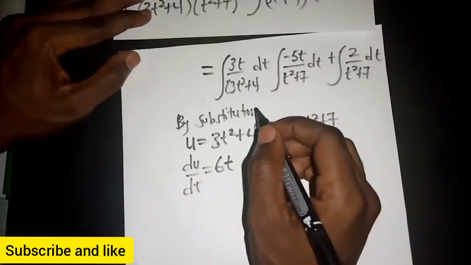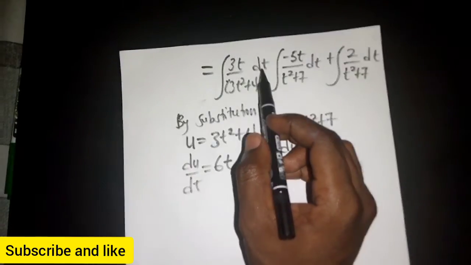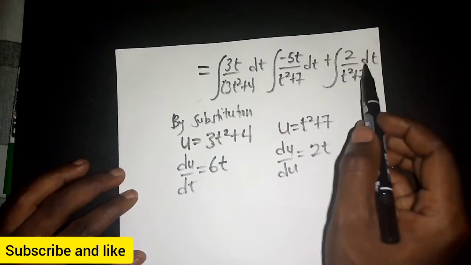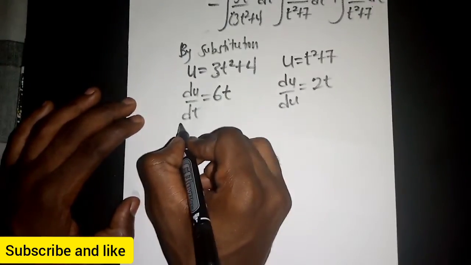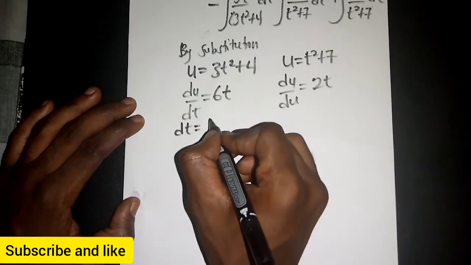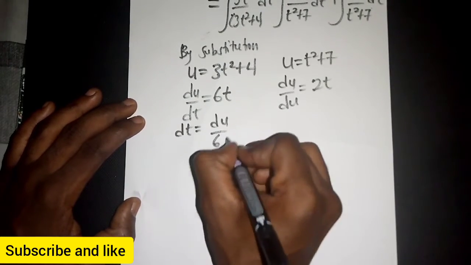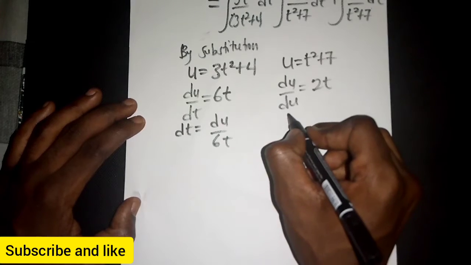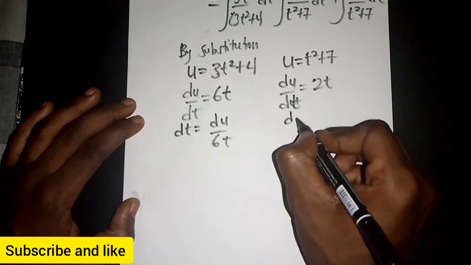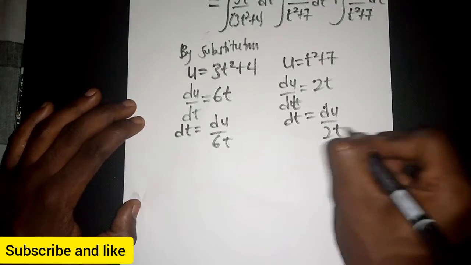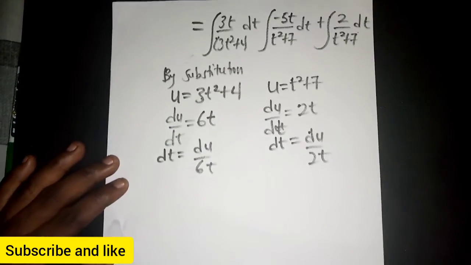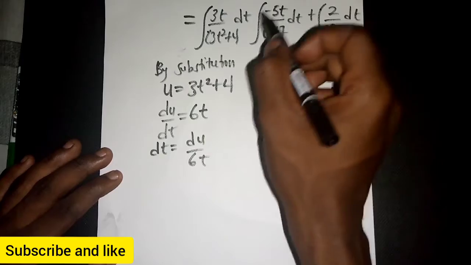So you realize that we have our integral in dt, so we're going to replace it. dt here is just equal to du over 6t, and dt here is just du over 2t, right? So we're going to replace the values over here.